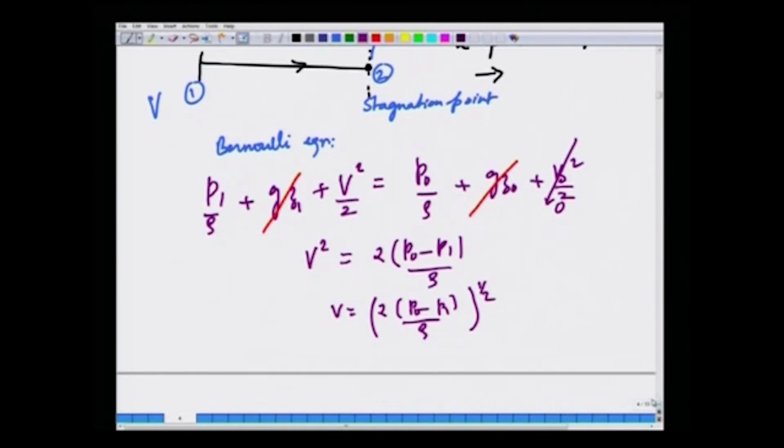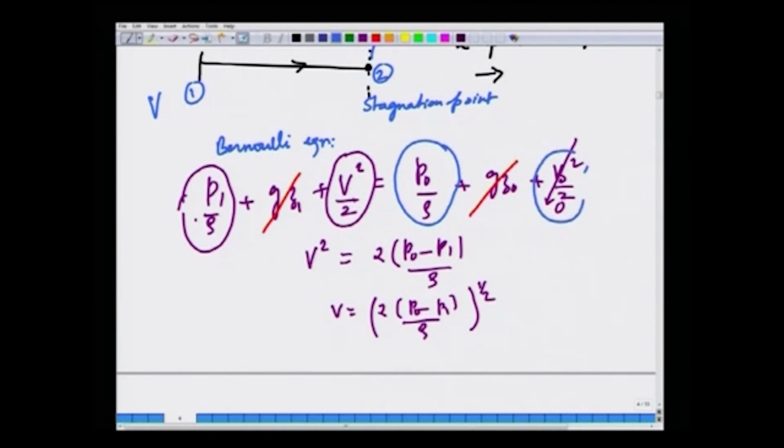This essentially says that upstream at point 1 there is a pressure head as well as a kinetic energy head. Both the pressure head and the kinetic energy head are converted to just pressure at the stagnation point, because the kinetic energy head is 0 there. That gives you an estimate of the velocity upstream.